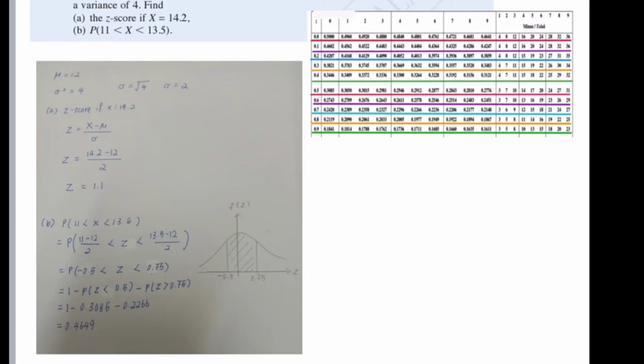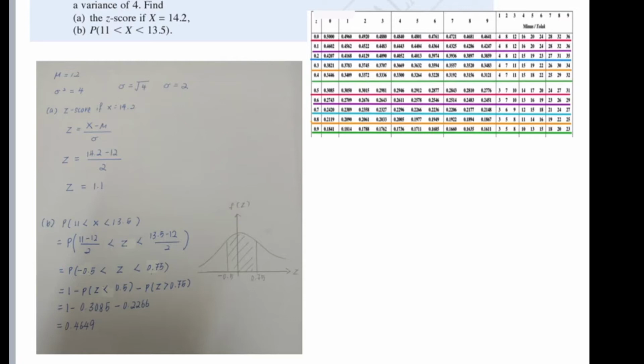B. Probability that 11 is less than x and x is less than 13.5. I write it first, and it equals 11 minus 12 over 2 less than z less than 13.5 minus 12 over 2.